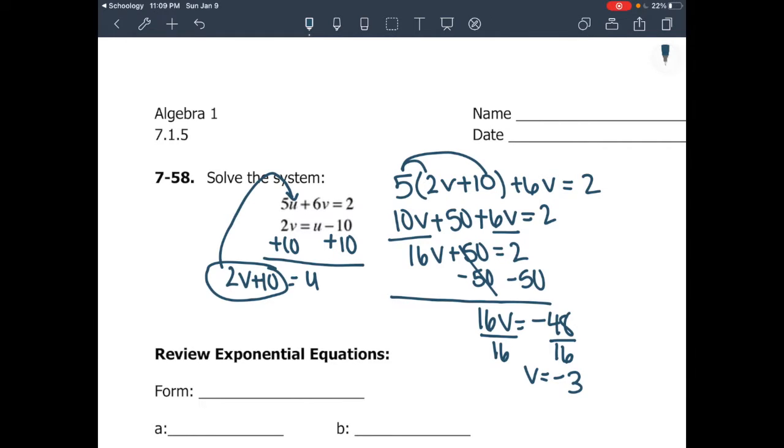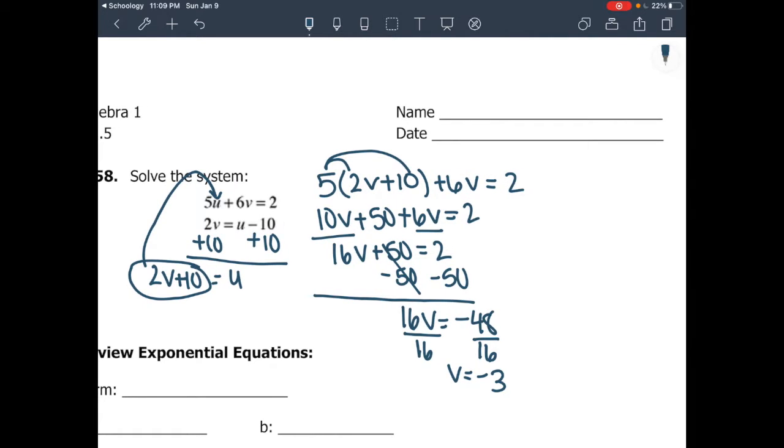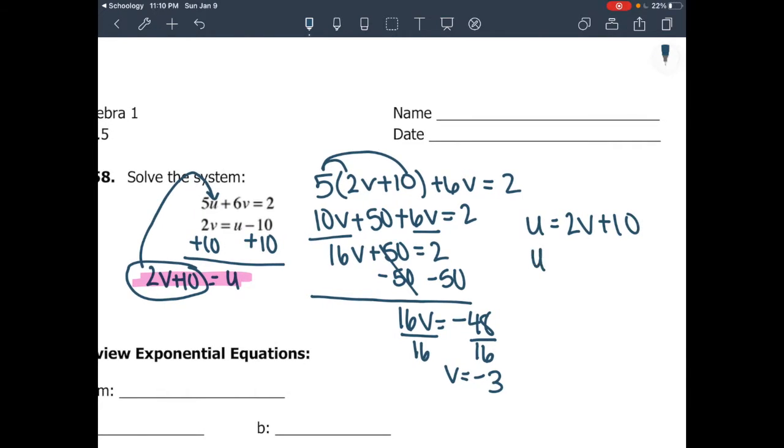Once I'm done with that, I'm going to plug it into one of the equations. I'm just going to plug it into this one right here, but you could pick from the first, the second, or that third one. So u equals 2v plus 10. v was negative 3, so u equals 2 times negative 3 plus 10.